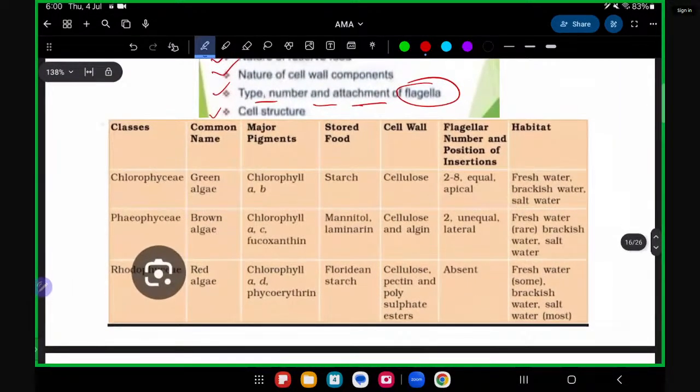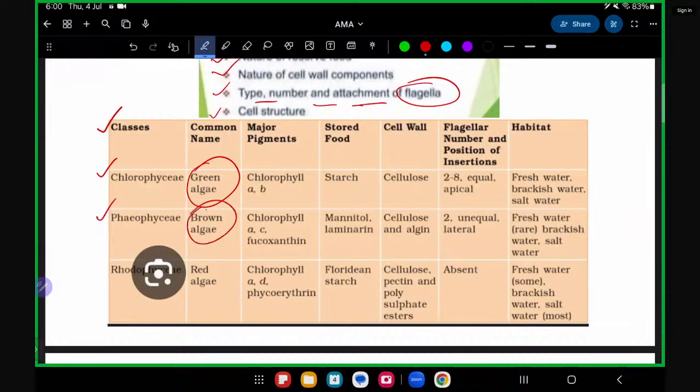Here you can see all the points. First, what are the classes of algae? First one is Chlorophyceae, which is the green algae. Second one is Phaeophyceae, that means the brown algae. And third one is Rhodophyceae, that is red algae. What are the major pigments then? Green algae contain chlorophyll A and B. Okay.